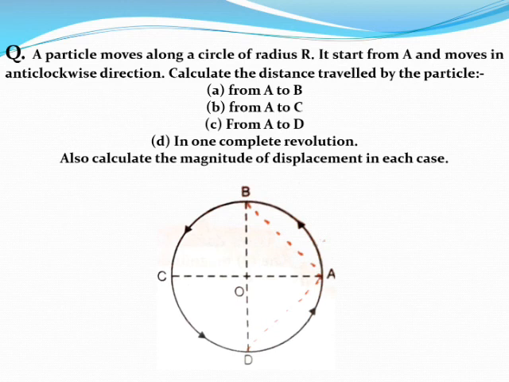Now, there are 4 parts. First, from A to B. Second, from A to C. Third, from A to D. And fourth, in complete 1 revolution. Also calculate the magnitude of displacement in each case.